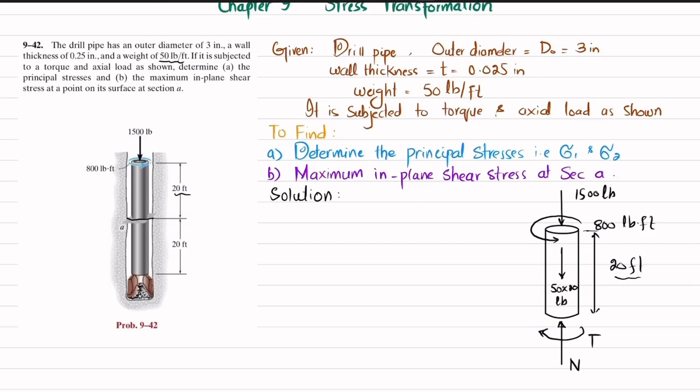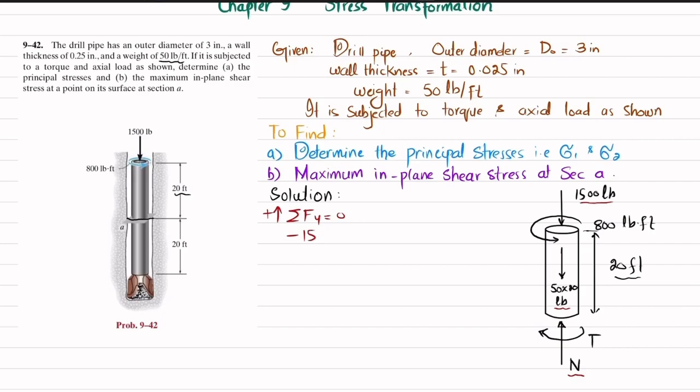Now we'll apply the equations of equilibrium. The first equation of equilibrium is the sum of all forces along the y direction must be equal to 0, and upward force is taken as positive. You can see one force along the y direction is 1500, that is downward. The other one is N, which is upward, and the third one is this weight which is 1000 pounds, that is downward. Downward force is taken as negative.